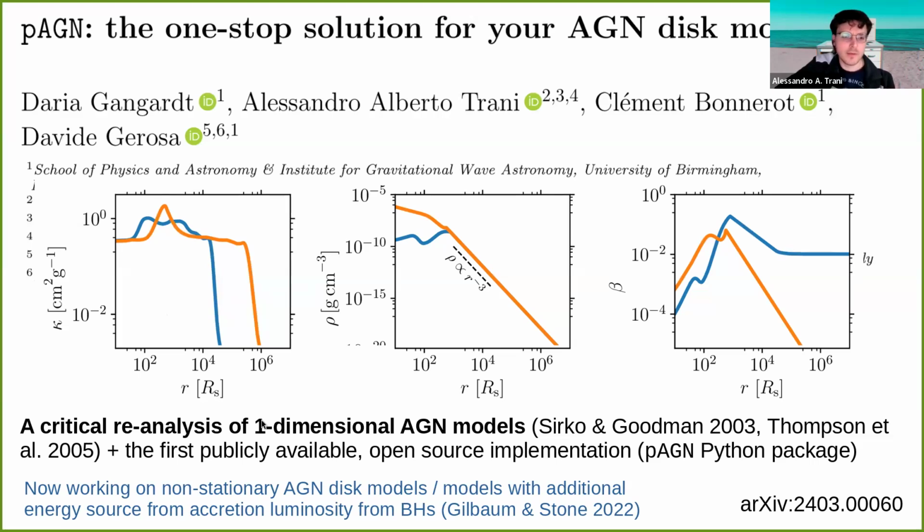These models are stationary, so we assume a steady state accretion flow, but the idea is to make them more complicated and add non-stationary, time-evolving AGN disks, and also include an additional energy source, which is accretion luminosity from embedded black holes. This is not currently considered.